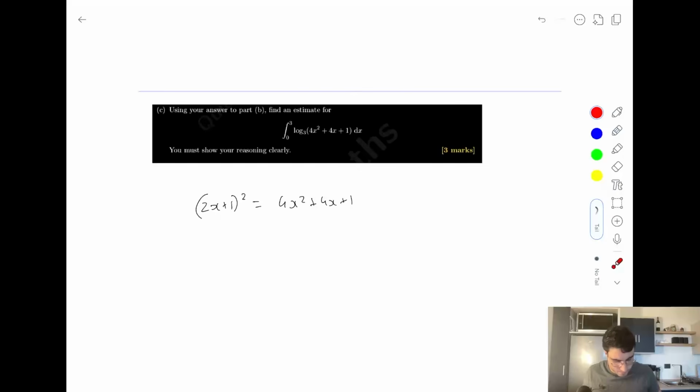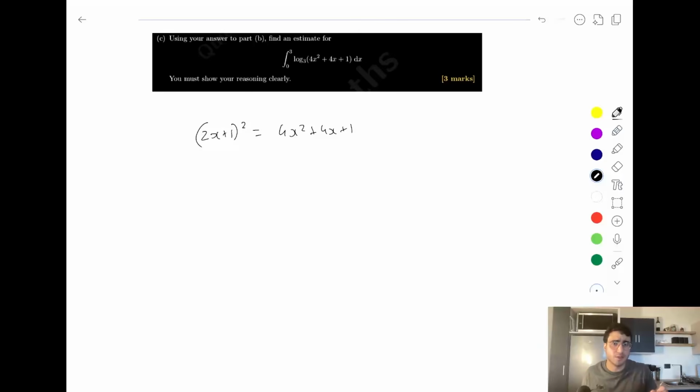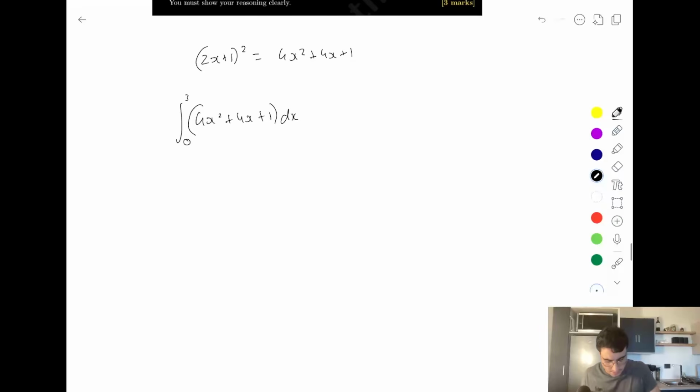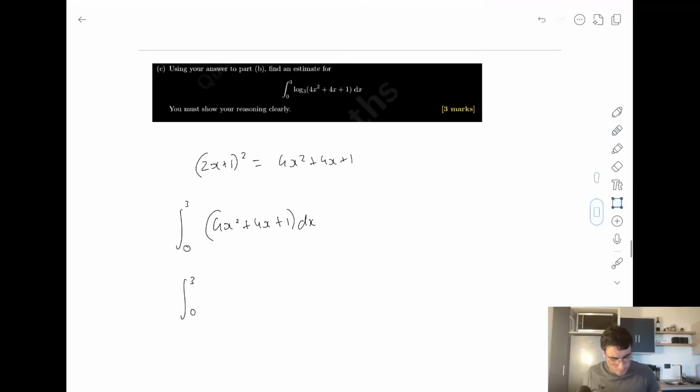It is 4x squared plus 4x plus 1. So what does that tell me, guys? Well, that tells me that the integral of this is the same as saying, I forgot the log, that's important.